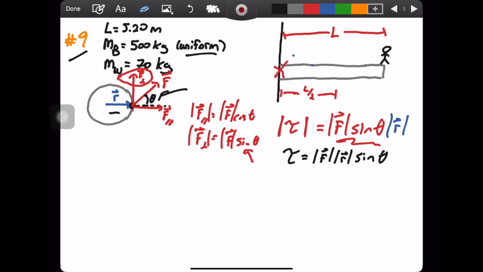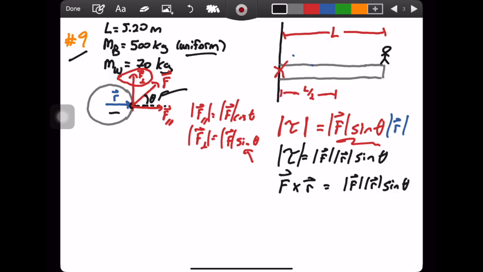This is known as the cross product. If I wanted to say the force crossed with the position vector, that would equal the magnitude of the force, the magnitude of the position vector, and the sine of the angle between the two.